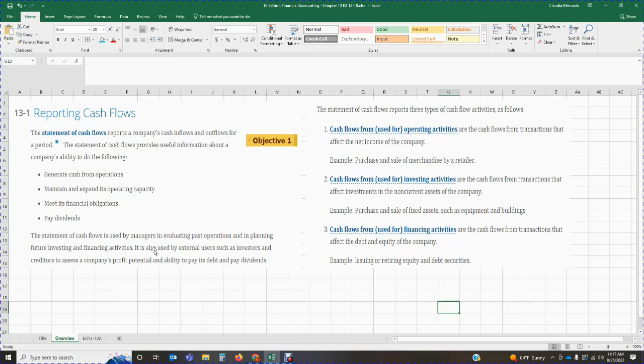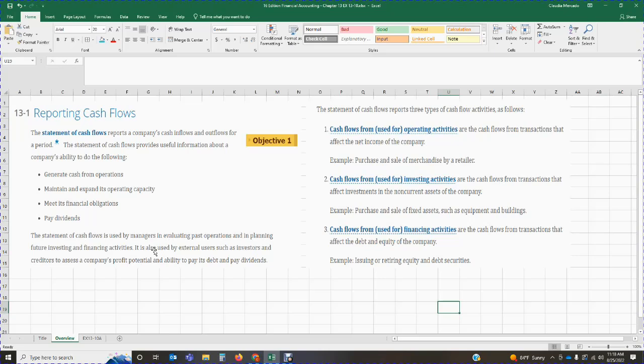The statement of cash flows is broken down into three sections or categories. Okay, and it's done by the type of cash flow activity. Okay, so the first type of cash flow activity is your cash flows from operating activities. These are any cash flows from transactions that affect the net income of the company. Okay, some examples include the purchase and sale of merchandise by a retailer.